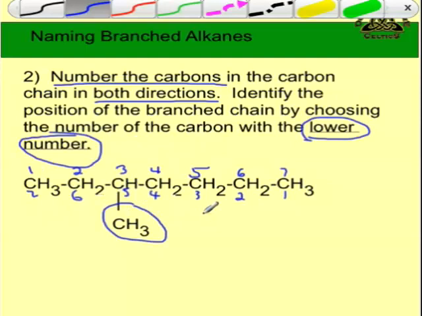So we would choose the number 3 to indicate the position on this root where this branch is coming off. And since this branch consists of one carbon, it is a methyl group, with a dash in between the 3 and the word methyl.